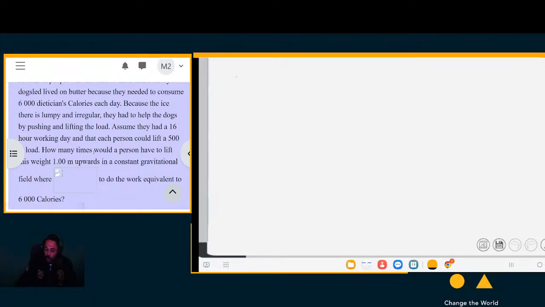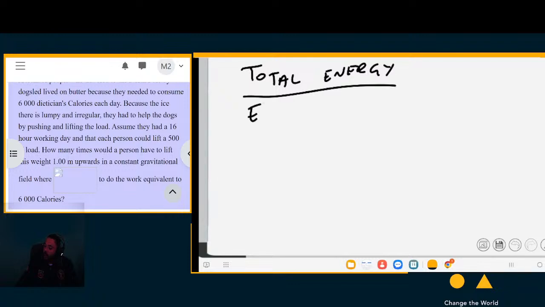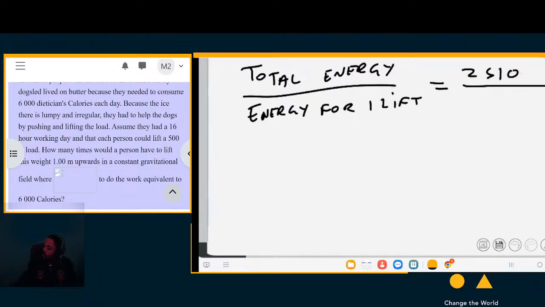So we know that the total energy that they have is that big long number of 25 million divided by the energy required for one lift. So we have 25,104,000.